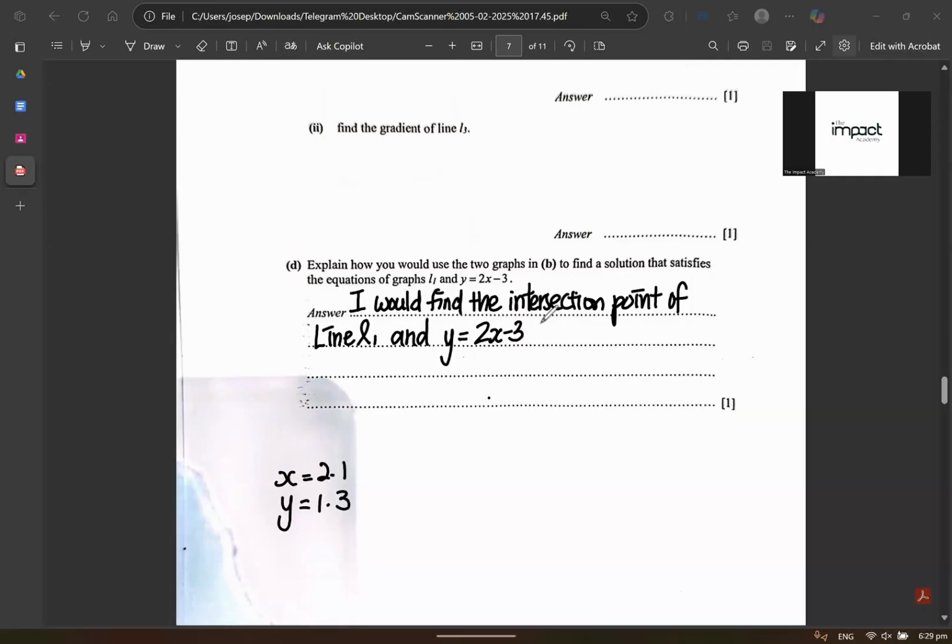Want to go a little further? You say from the graph, right? What do you say? X equals to 2.1 and y equals to 1.3. Can you understand or don't understand? All right, and that's how you would do a question like this.